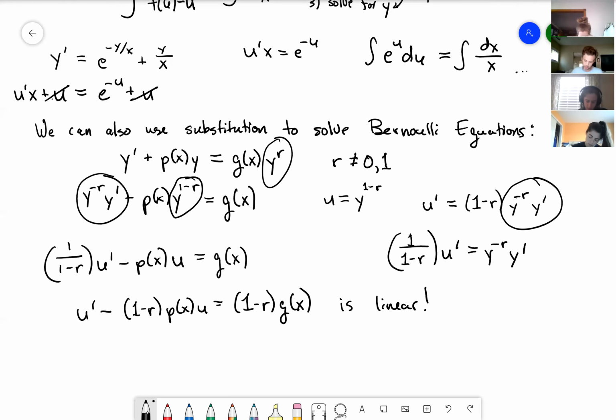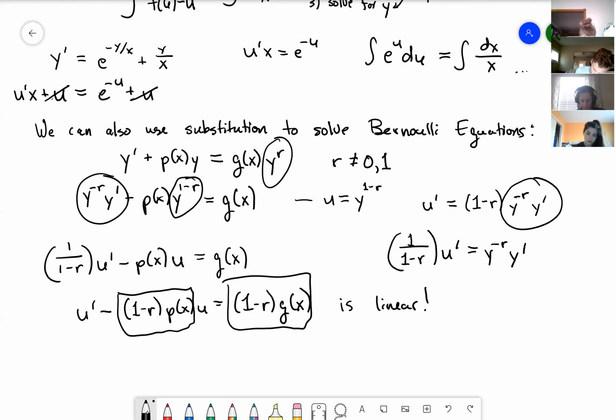And so what we've ended up with is a linear equation, which we know how to solve. A linear first order equation. This is our new p of x. This is our new q of x. And once we get to the end, we need to figure out how to solve for y in terms of u.